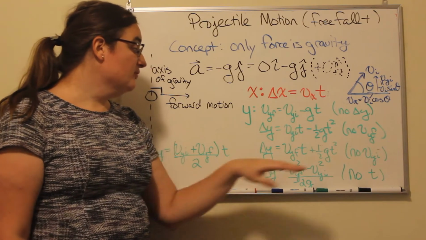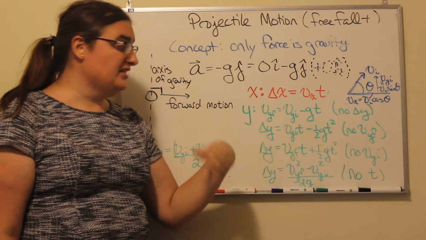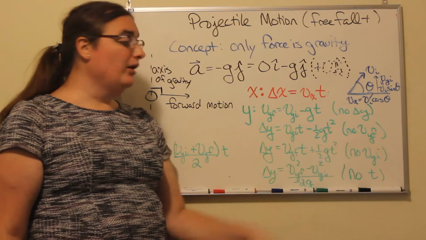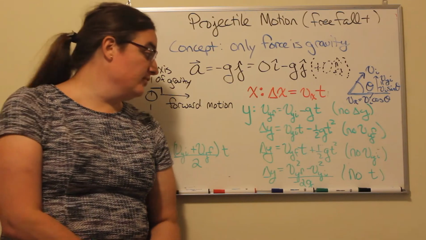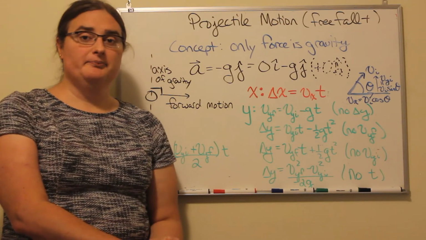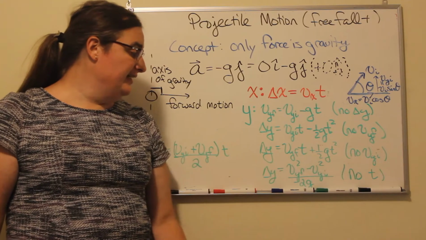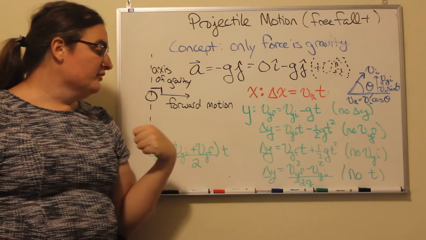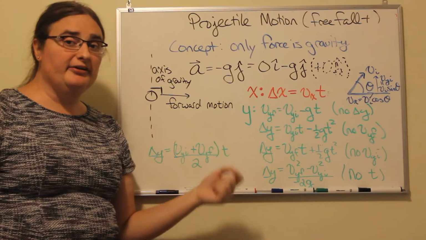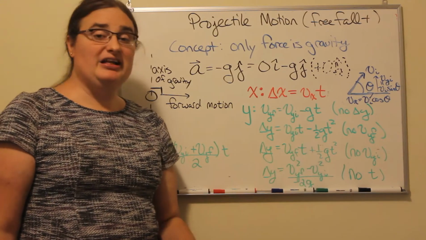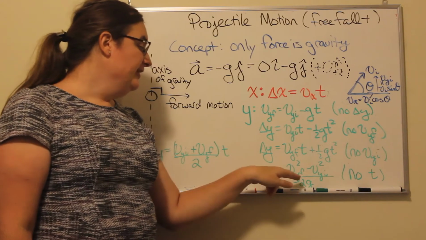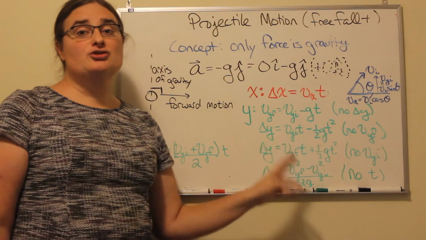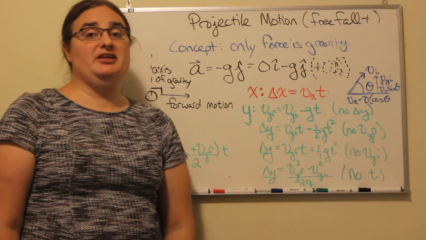So our displacement would be v final in the y direction times time plus 1/2 times the strength of gravity times time squared. And if we don't know anything about time, our displacement in the y direction would be our final velocity in the y direction squared minus our initial velocity in the y direction squared divided by -2 times the strength of gravity.